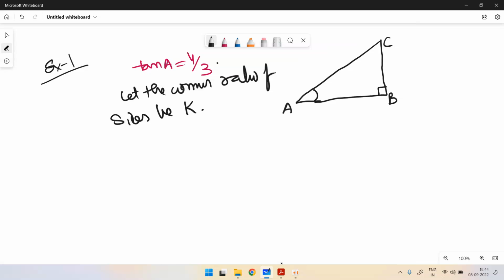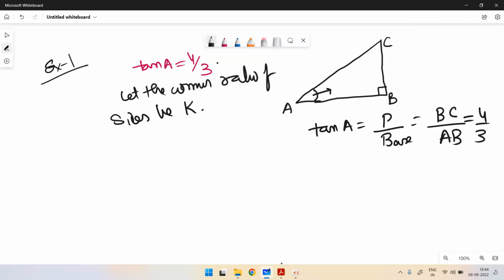Now from this triangle you can see that tan of A is nothing but perpendicular by base. Here, perpendicular is BC and base is AB. This ratio is given to be 4 by 3. It is not that BC equals 4 and AB equals 3, but the ratio is this.